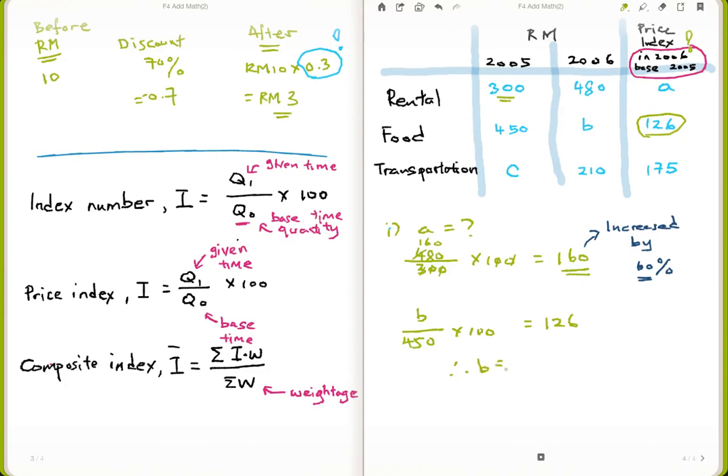B would be 567. You may check with my answer if it's correct. And about C, C is the base. So that would be 210 over C times 100. That is 175. You solve it. Therefore, C would be equals to 120.